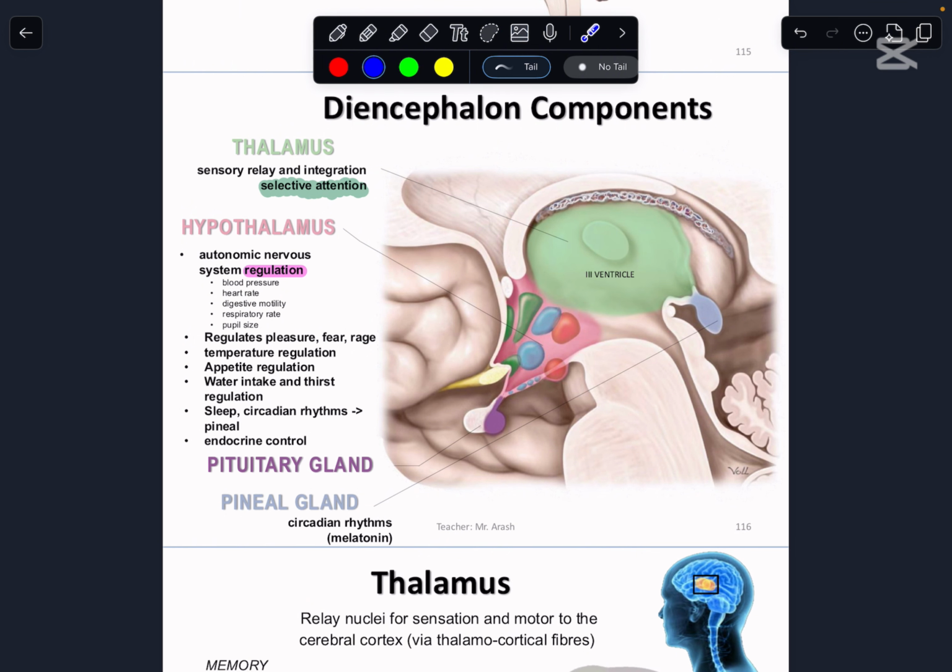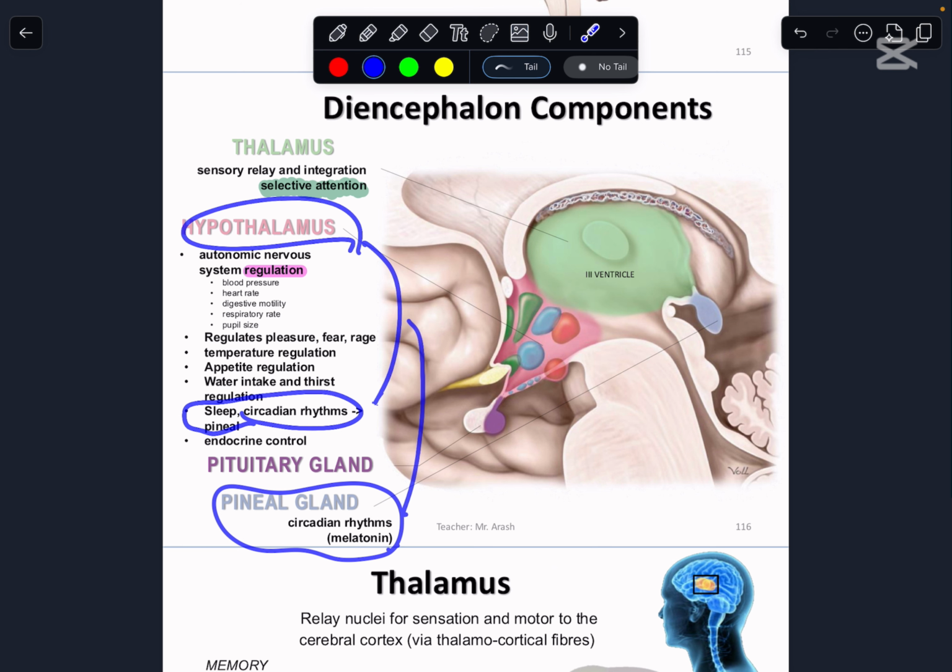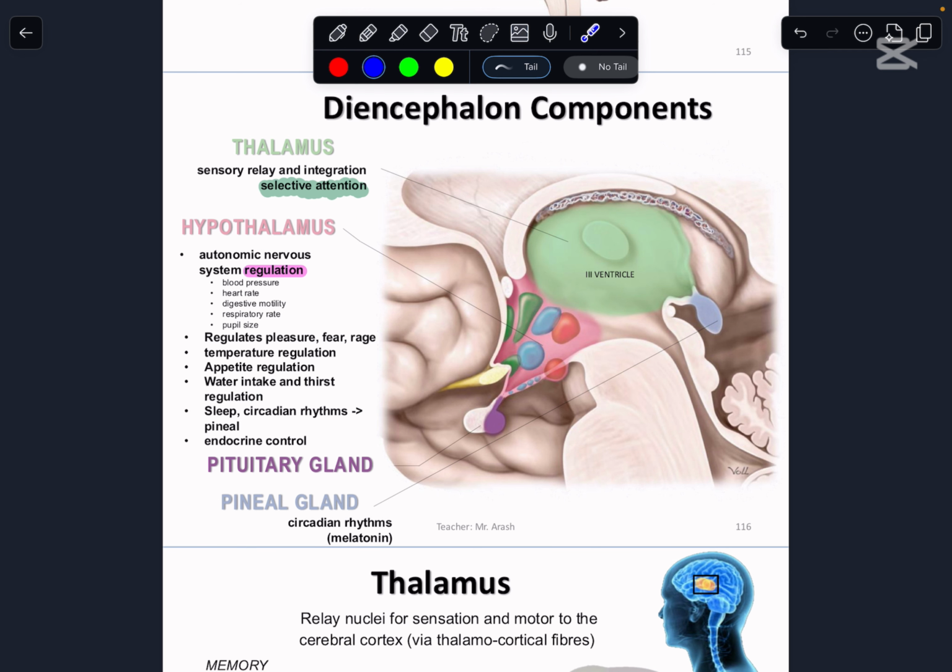The regulation of the function of the hypothalamus as it pertains to sleep is in concert with the pineal gland as well. So this gland here, guys, which we call pineal, works together with the hypothalamus to essentially regulate sleep, the generation of a sleep rhythm or circadian rhythm.